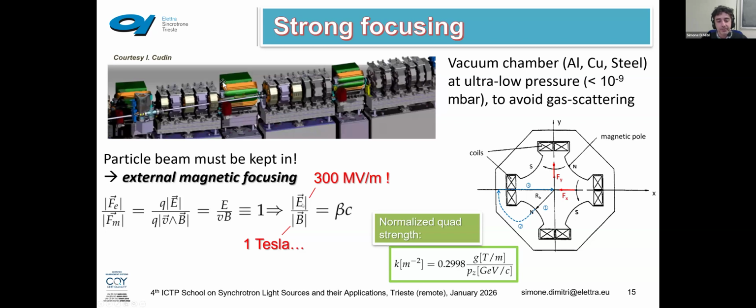So there is no other way, from the technical point of view, of focusing electrons in the chamber, apart from using magnetic fields.